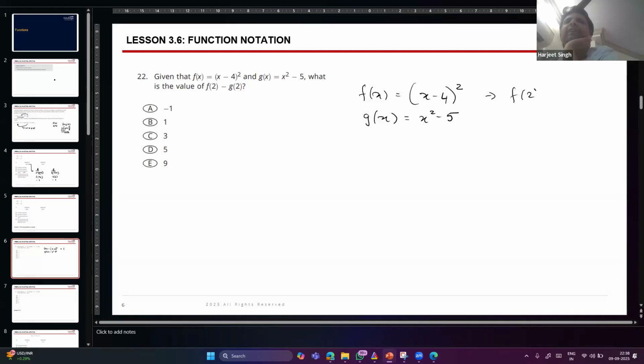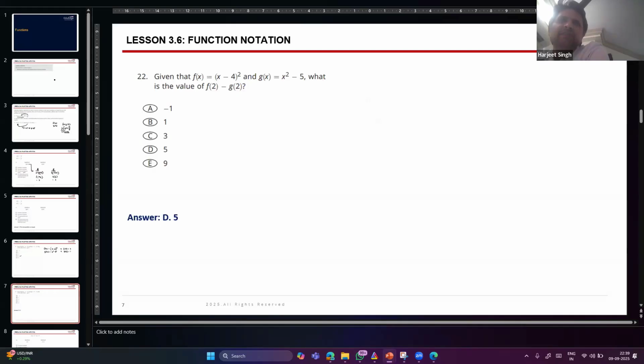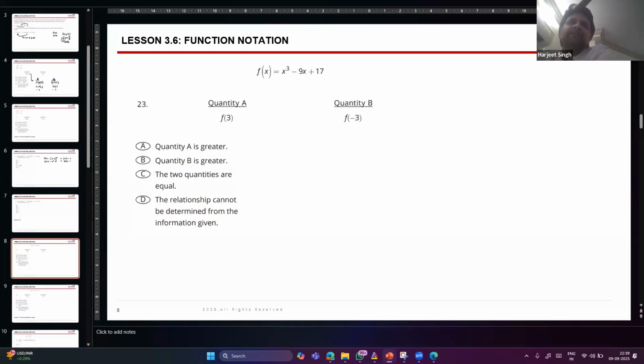So f of 2, can I say, is 2 minus 4 squared, is minus 2 squared, which is 4. And g of 2 is 4 minus 5, minus 1. So the answer is 5, is it? Easy one. Easy varieties, both of these. Okay, let's do this.